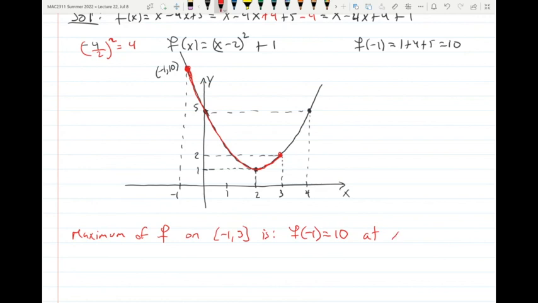It happens at x equals negative 1. Similarly, the minimum of f on this interval happens at 2, right? So it's the value of the function at 2, which is actually 1, and this happens at x equals 2.